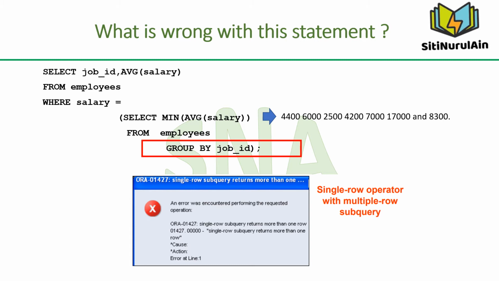The outer query takes those results and uses them in its where clause. The where clause contains an equal operator, a single row comparison operator that expects only one value. The equal operator cannot accept more than one value from the subquery and, therefore, generates the error. To correct this error, change the equal operator to in.